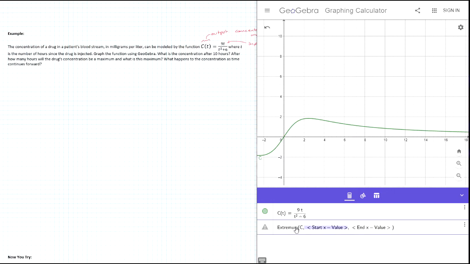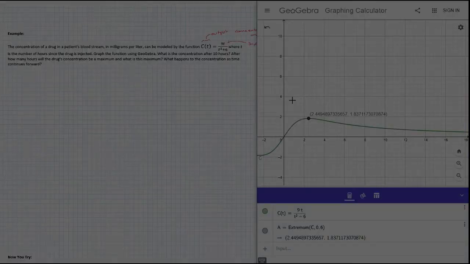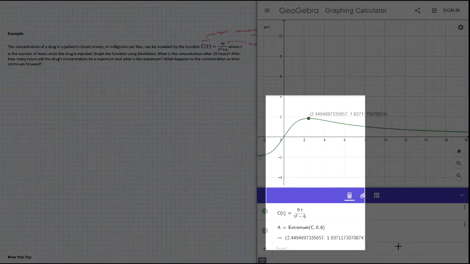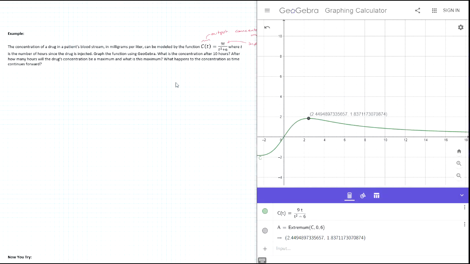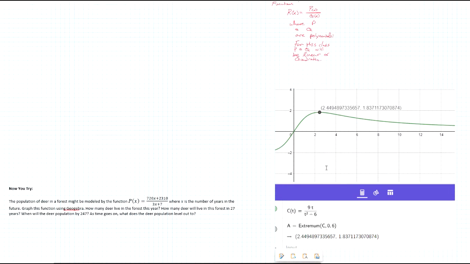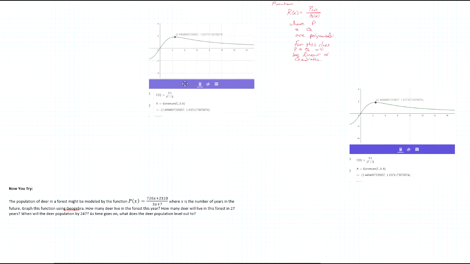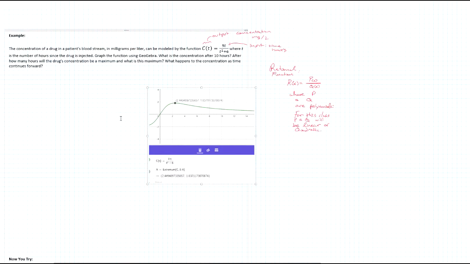C, start value, say 0, and value, you could say 6, because I know it's past that. There we go. And then I can get this to show the value. I don't need the A there. All right, now take a screenshot. Cool. Come back over here. There we go.